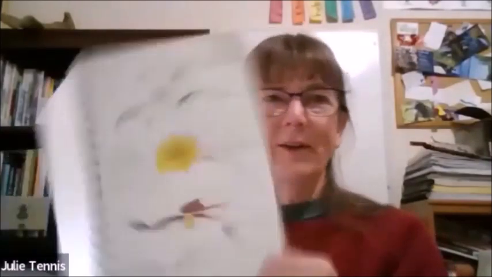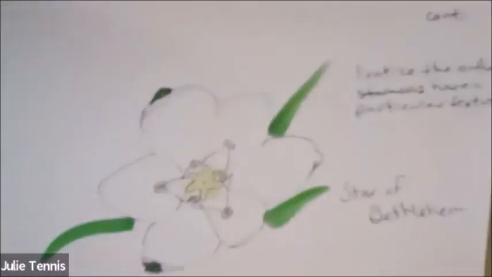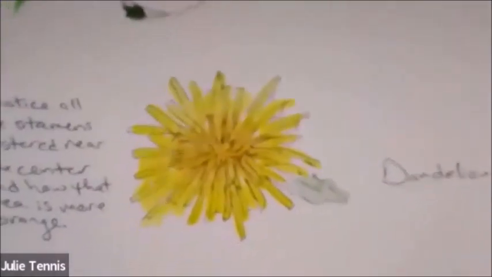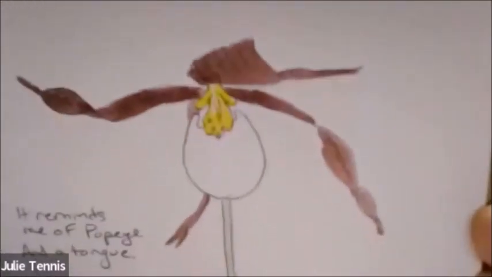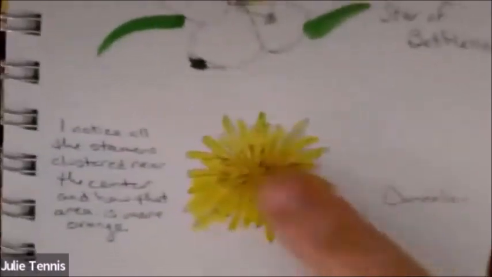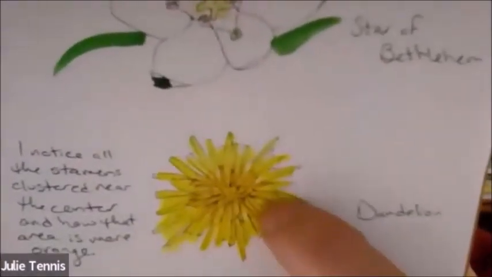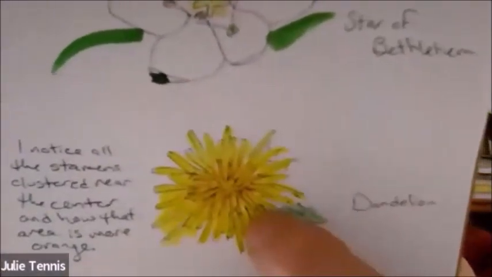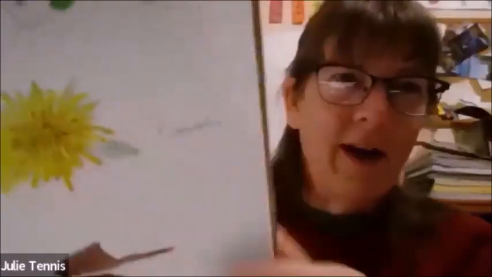I've been practicing with color, as I keep saying. So I've been trying to mix my colors so that I can practice that. Something I noticed with the dandelion was that in the center where the stamens were located, the flower had a darker color, more of an orange, which I tried to match. I thought that was neat.